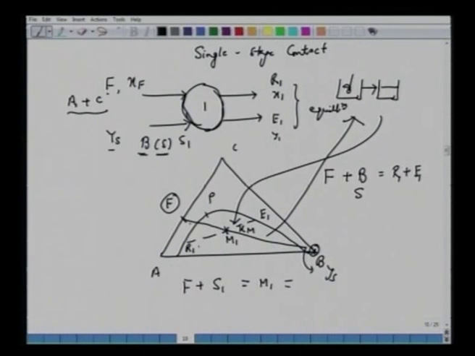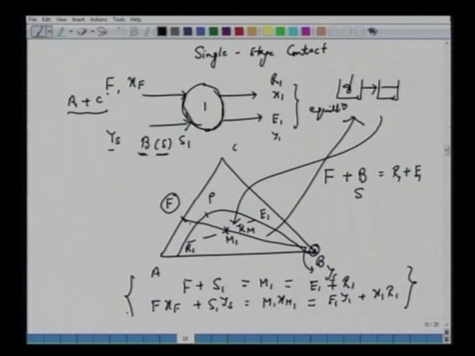But when you allow them to settle, now you have E1 plus R1. And you have species balance. F into XF plus S1 into YS will be equal to M1 into XM. So that's the mixing. But when you allow them to settle, they will separate as E1 into Y1 plus R1 into X1. So we have a similar situation.